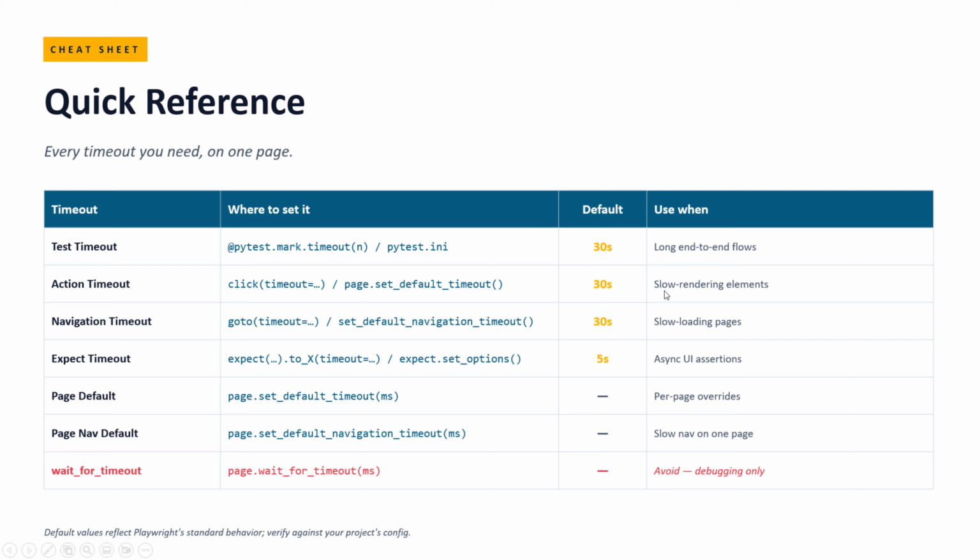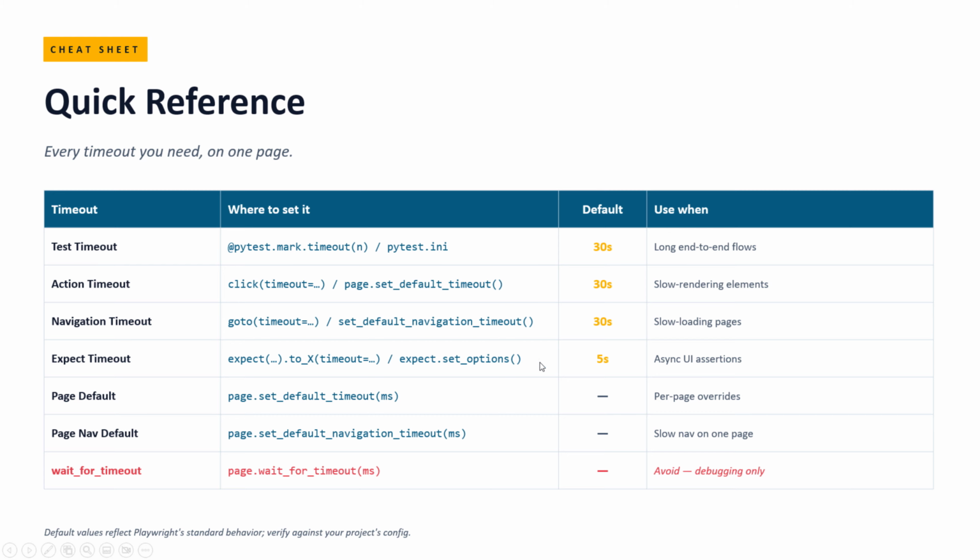And when to use it: when you have slow-rendering elements. So you click on any button, and now it takes a lot of time, maybe 40 seconds, 1 minute to load the elements. So in that case, you go with this one. Then the navigation timeout, again by default 30 seconds, for when you have slow-loading pages.